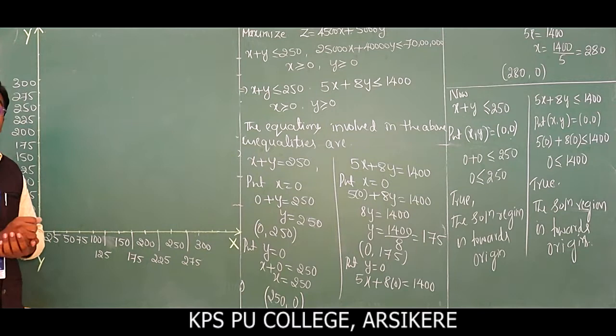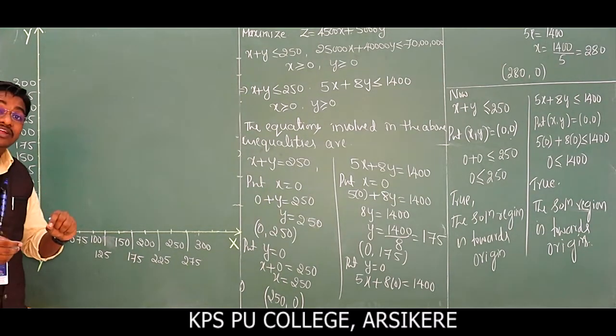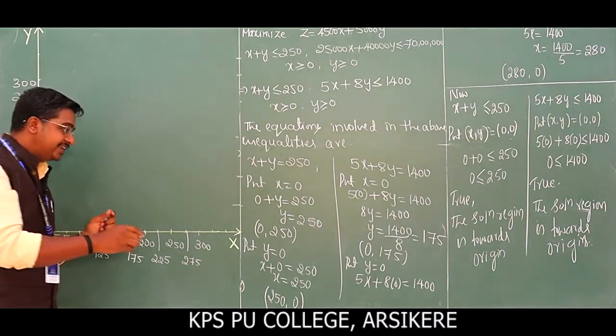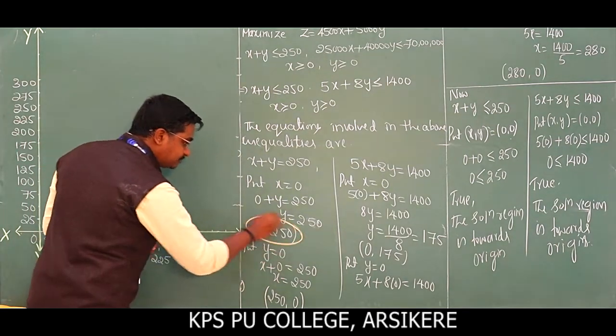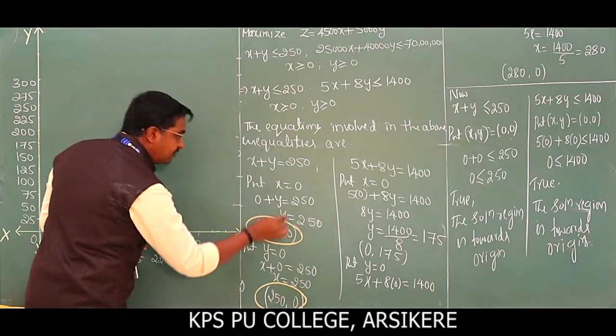Now we will draw the lines for the equation x plus y is equal to 250. To draw the line x plus y is equal to 250, the corresponding point of intersection on the y-axis is 0, 250. Similarly, along the x-axis, it is 250, 0.